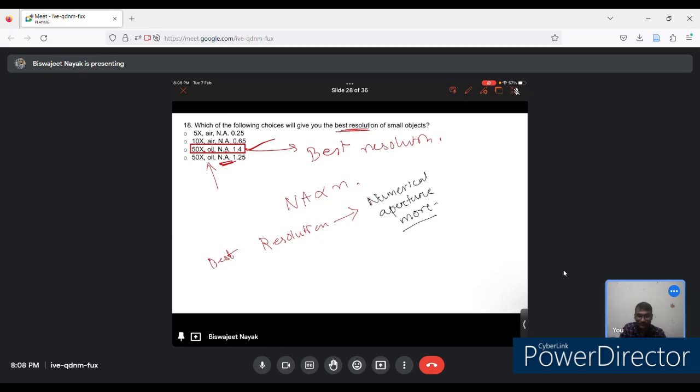And this condition is provided by any material. Here we are giving oil, so this is the medium which helps in increasing the numerical aperture by allowing more light to pass through.